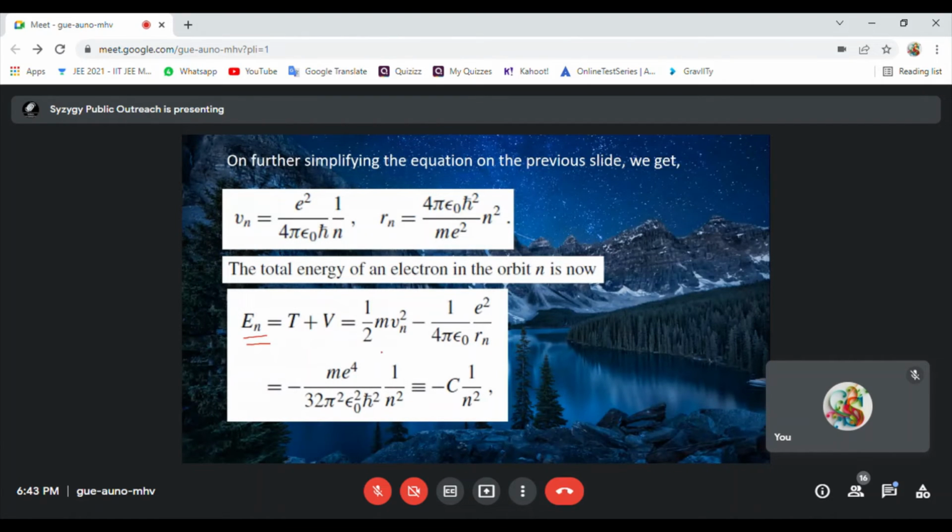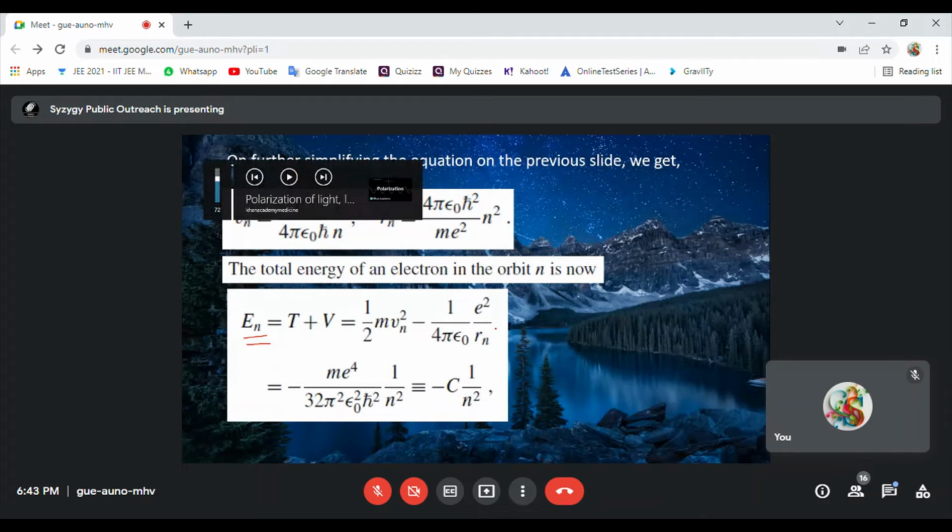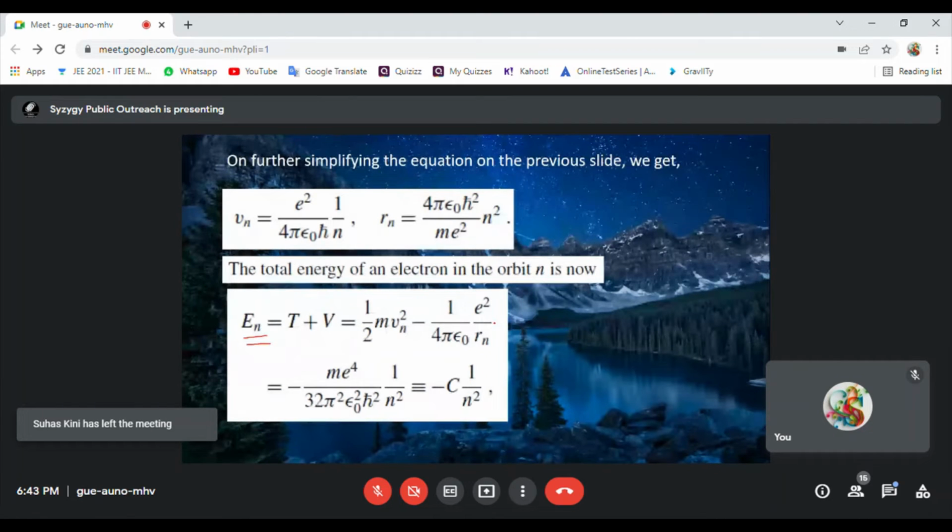Excuse me, sir, this is off topic, but here the number of protons, or the atomic number, is not included. So that means the energy for all atoms in the nth orbit would be the same? Kind of, yeah, we can say.